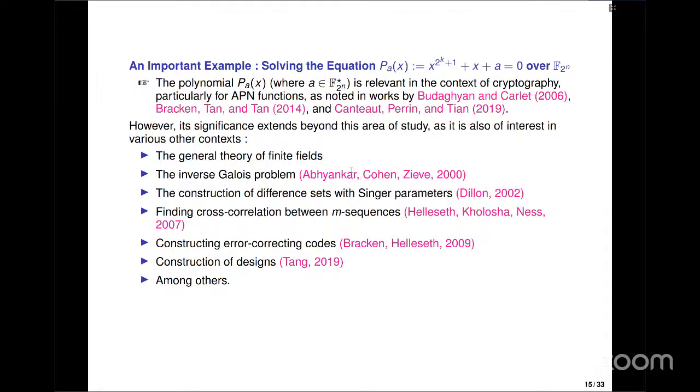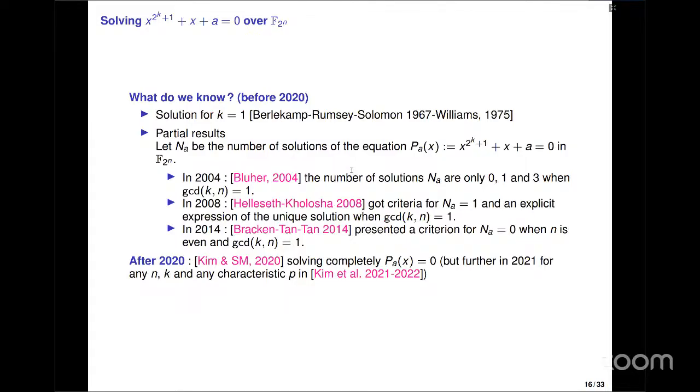We know from the literature that the number of solutions is either 0 or 1 or 3, because of the derivative of p, and a lot of people worked for a long time to solve this equation. So for a long time we know how many, but we don't know the solutions.